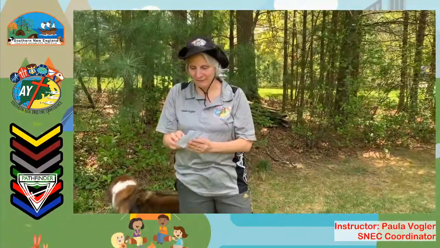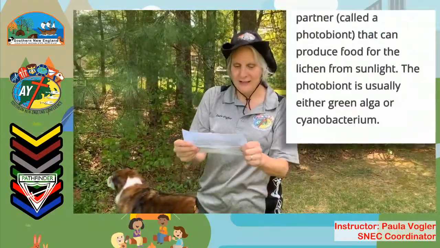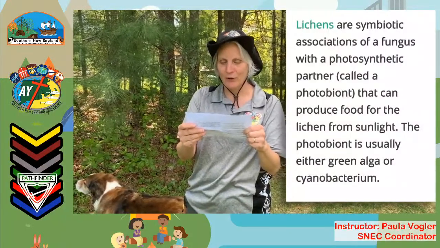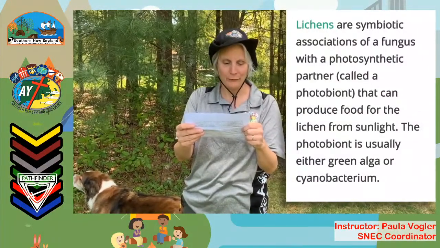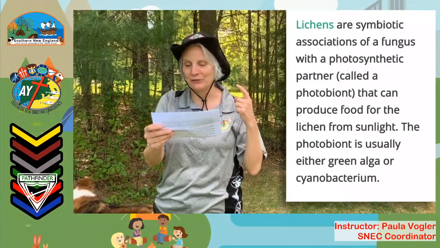What is a moss? Well, it's a little green plant, usually green like we saw over there, usually in moist environments, reproduces with spores. What's a lichen? Let me get my handy paper. I'm going to read you the definition. Lichens are symbiotic associations of a fungus with a photosynthetic partner called a photobiont that can produce food for the lichen from sunlight.